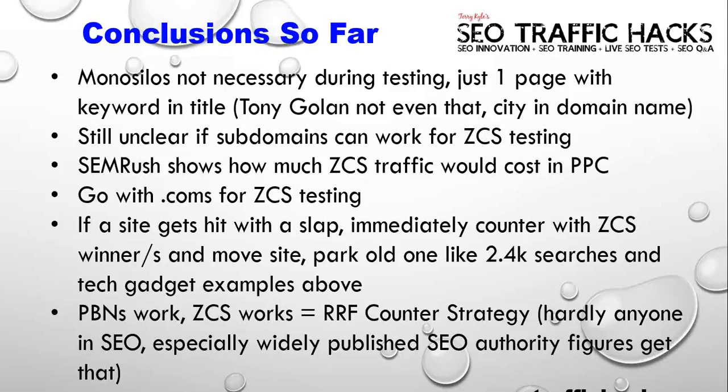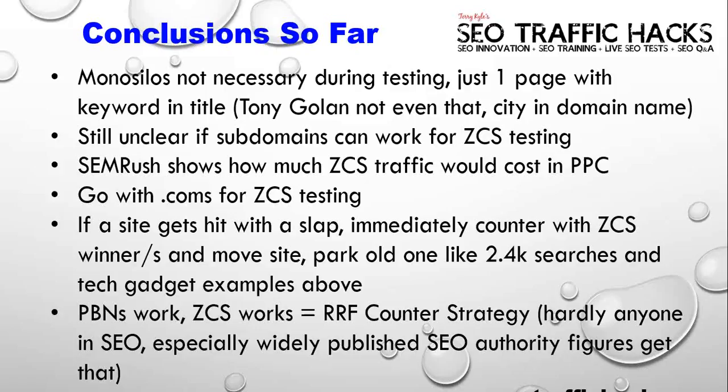And hardly anybody in SEO, I mean, even the super gurus writing everywhere, the big authority guys, are not talking about this, they don't seem to get this. And I'm not bagging them out necessarily, but it seems to me that they're not doing testing, or the stuff they're doing just achieves the same thing in a different way with a hell of a lot more work, which I can't quite see the point of myself.